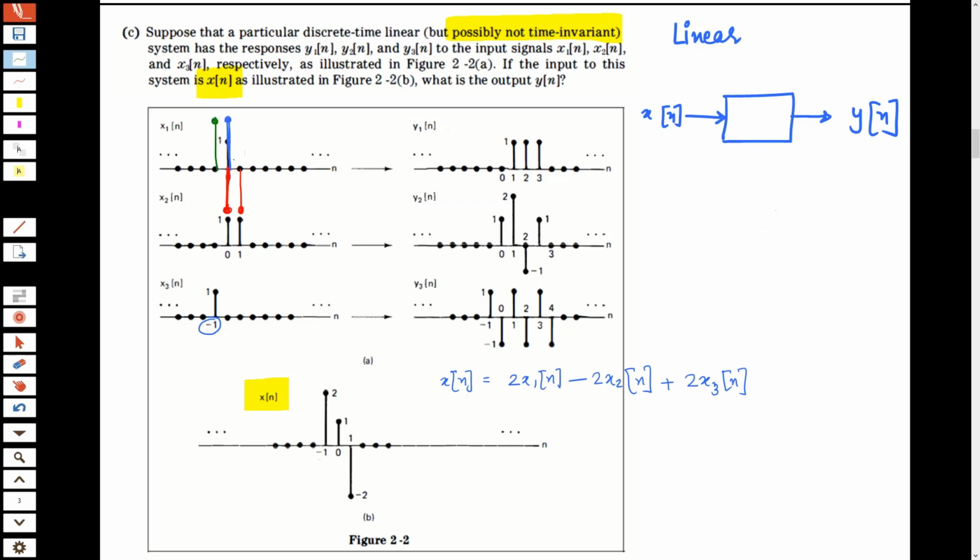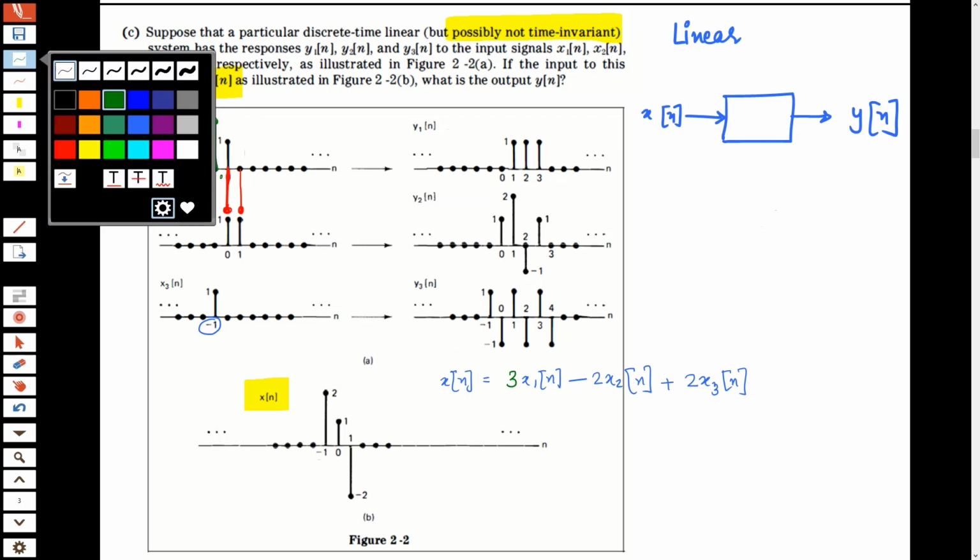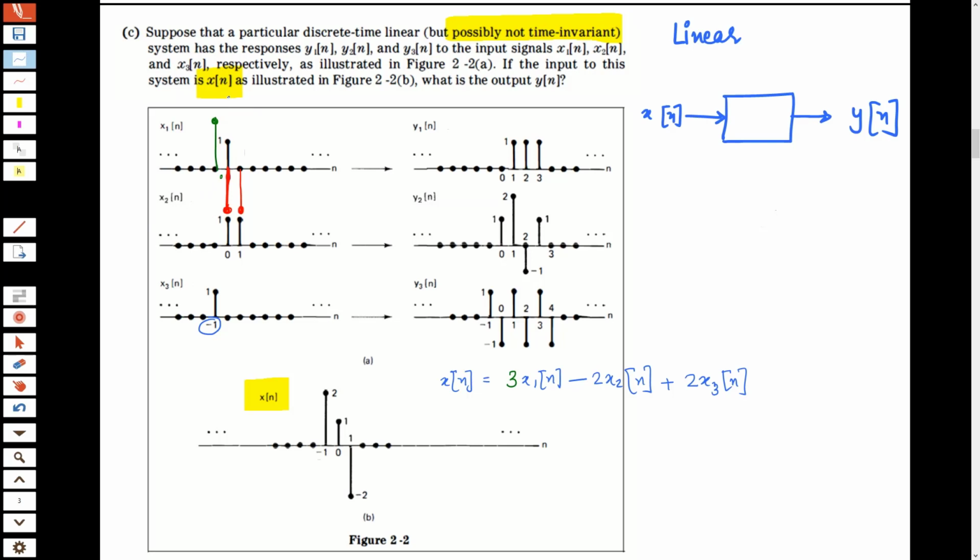If I add them all up, I'll notice that at n equal to 0, I'm going to get a 0, but I need a 1. That means I need not 2x1[n] but 3x1[n]. So this should have been 3x1[n]. At -1, I'll get a sample of value 2. At n equal to 0, I get 3 minus 2, which is equal to 1.